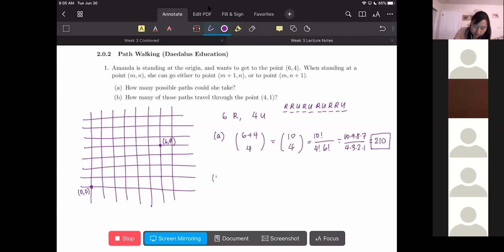All right, let's take a look at part B. So it says how many of those paths travel through the point 4, 1. So 4, 1 is over here. So we want to count how many paths can Amanda take that go through this point. So for example, something like this would go through that point.